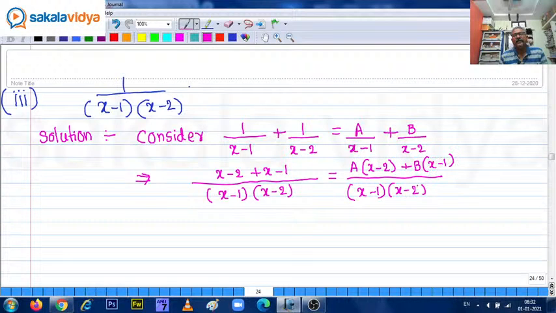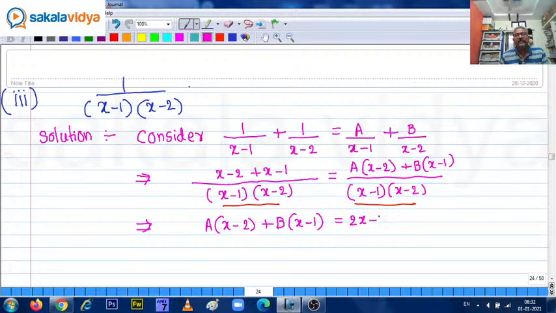In general the denominators get cancelled. So this can be written as a times x minus 2 plus b times x minus 1 equals to 1.